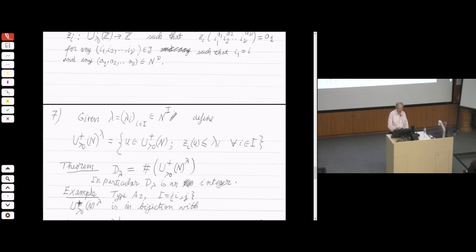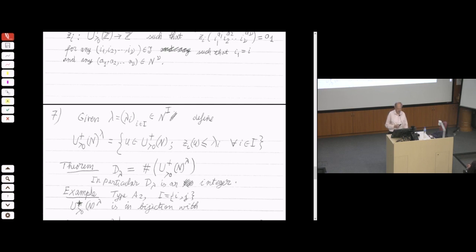I didn't know why this right hand side is finite. This was not obvious to me, and this is something I recently found a way to show. It's not difficult to prove. So there is some a priori argument that this thing is finite.